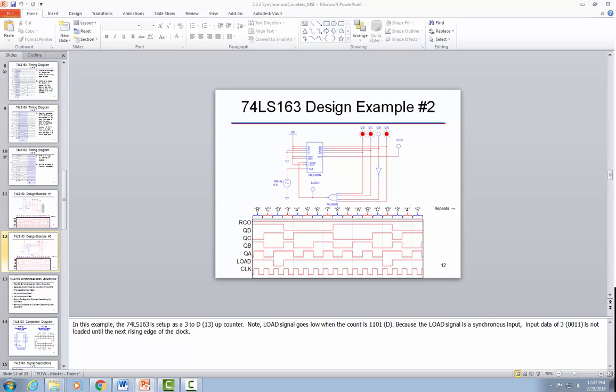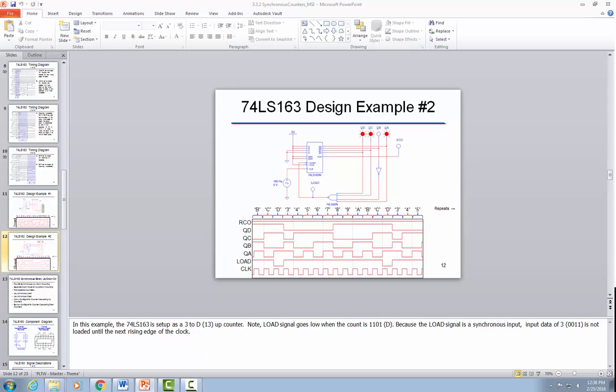The reason why is because the JKs and D flip-flops were asynchronous, meaning that as soon as they received that signal, they reset. This is a synchronous counter. What that means is it only will load or clear when the clock fires.